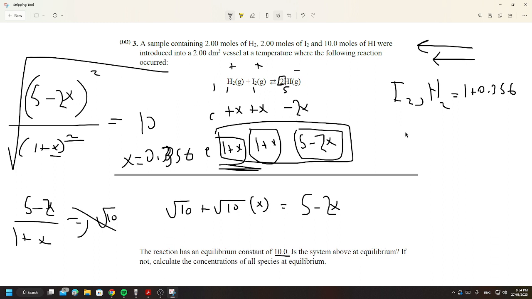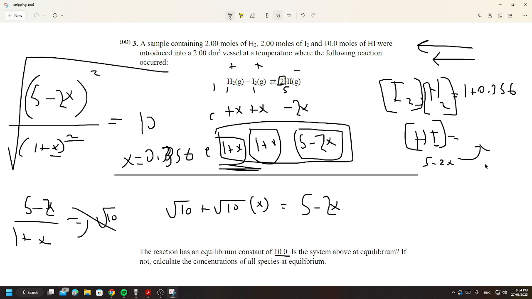And then for the concentration of HI, I should have written down brackets, my bad. It equals 5 minus 2x. Substitute in the x, you're going to get 5 minus 2 times 0.356.